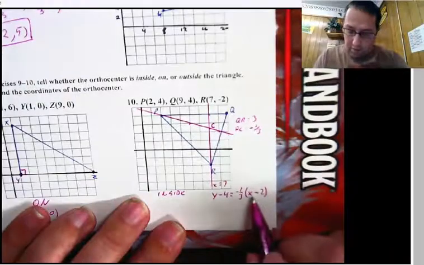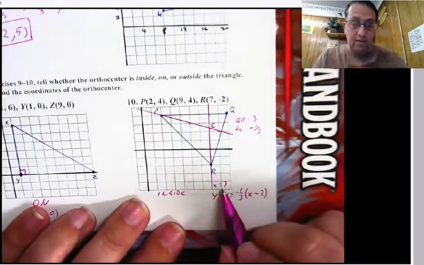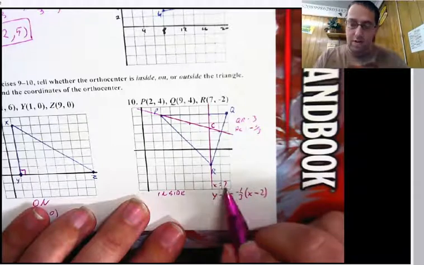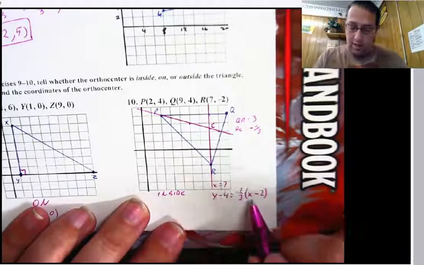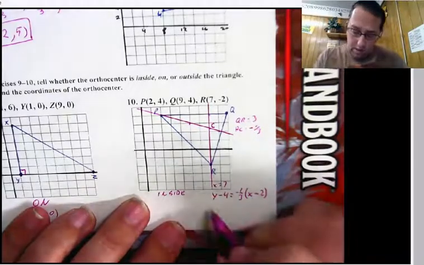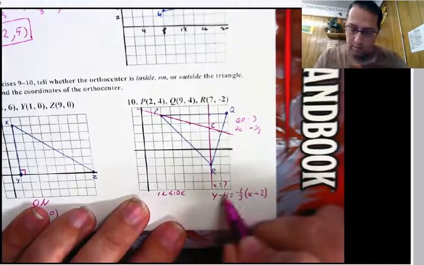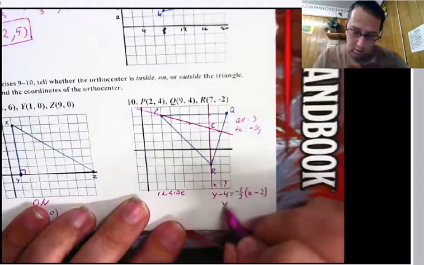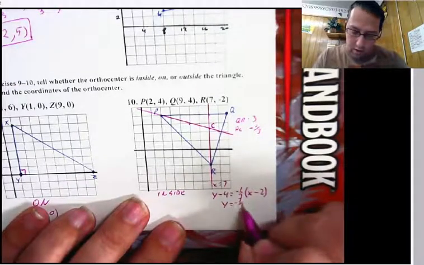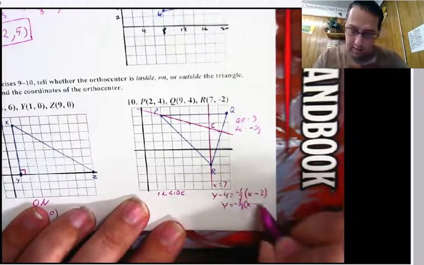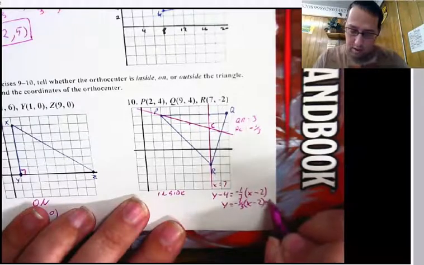Now I want to find out where this intersects with x equals 7, which is actually pretty easy. If I know x equals 7, I can take that 7 and plug it in for x, which is what I'm going to do. First, though, I want to get y by itself, so I'm going to move this 4 over there. So y equals -1/3 times (x minus 2) plus 4.